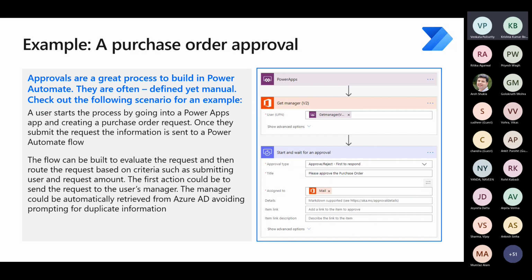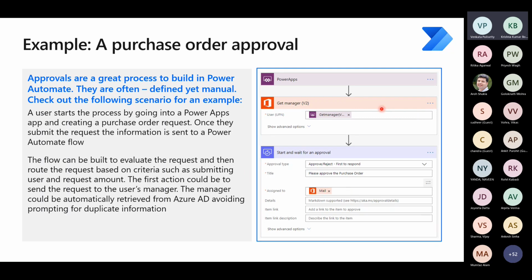So if you are purchasing an order virtually, what you need is an app and also a Power Automate flow at the back end. The app will speak directly to Get manager v2 and Send wait for approval, which are nothing but the different Power Automate steps you are going to use.